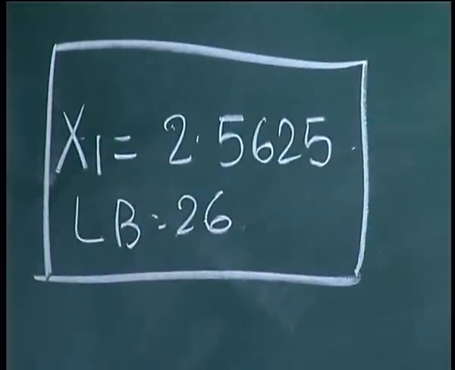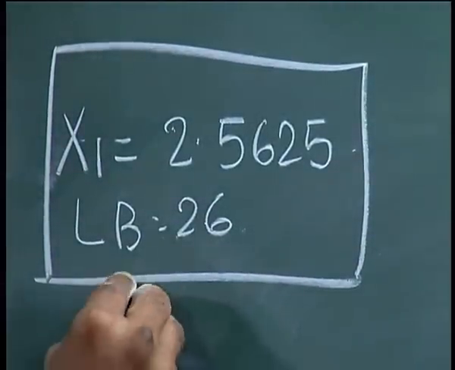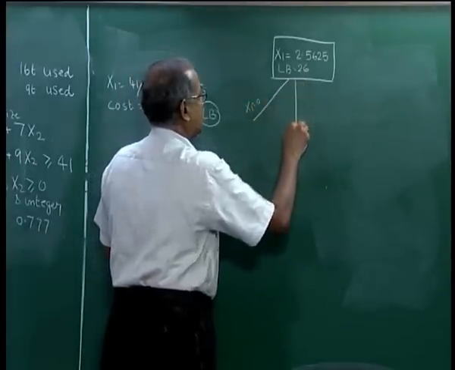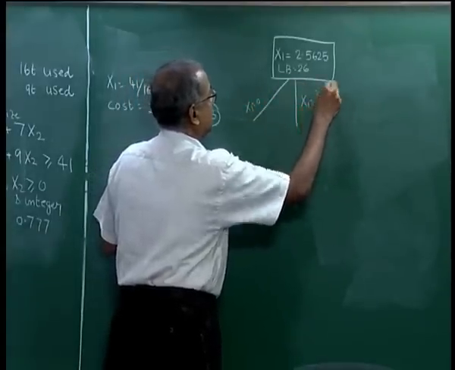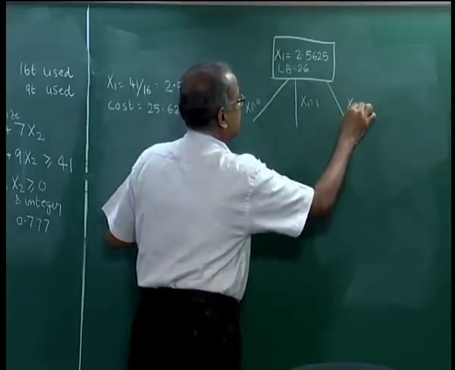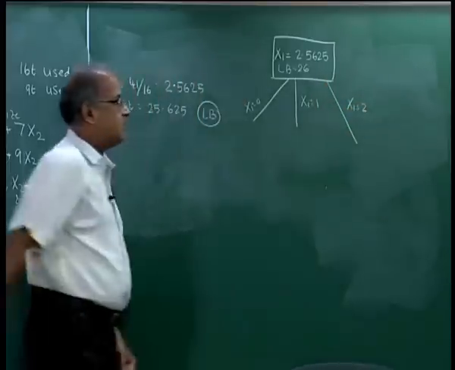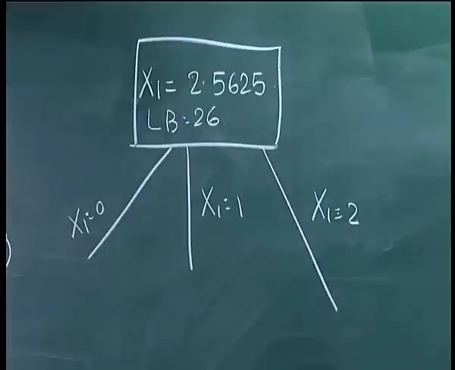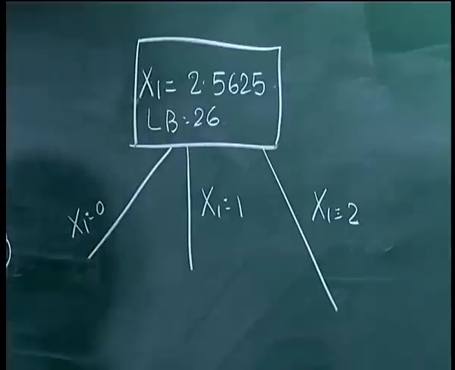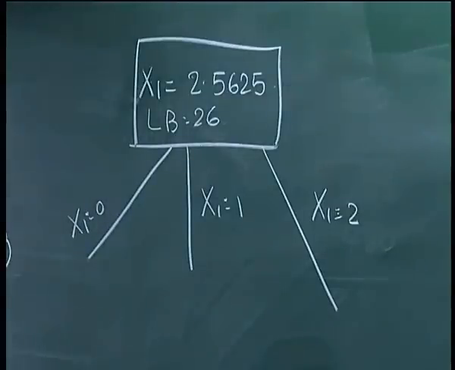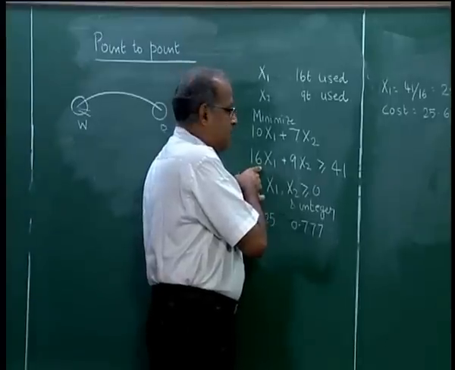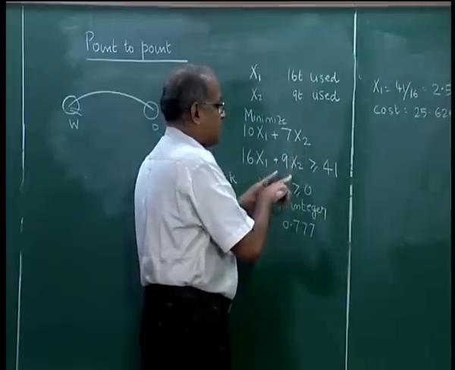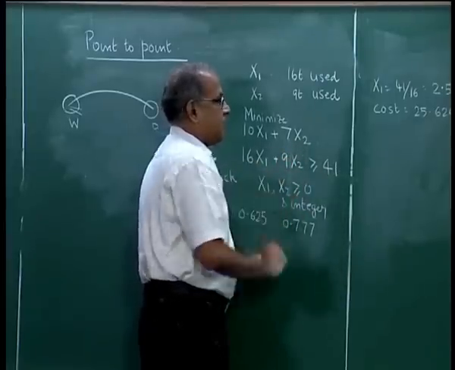Now from this, since x1 equal to 2.5625, we can branch off with x1 equal to 0, x1 equal to 1 and x1 equal to 2. When x1 equal to 0, we will solve another LP. We are solving an LP that minimizes 7x2 subject to 9x2 equal to 41.